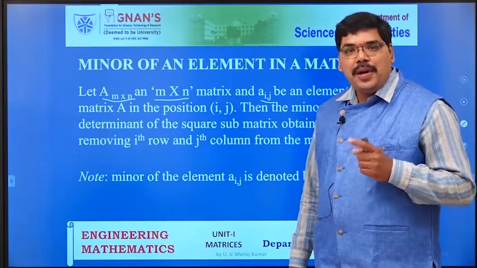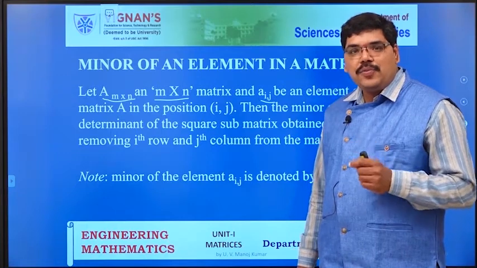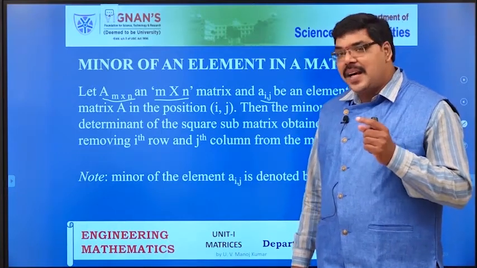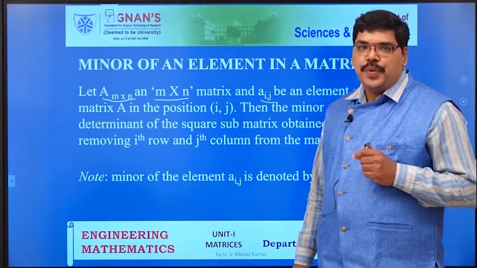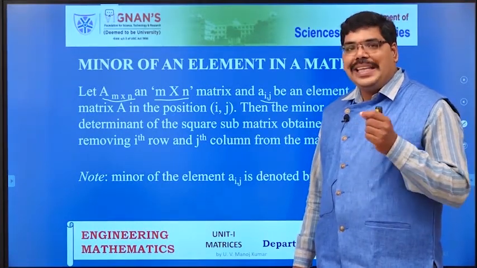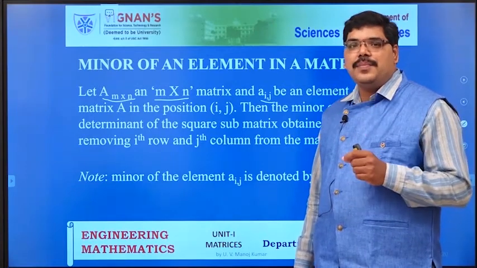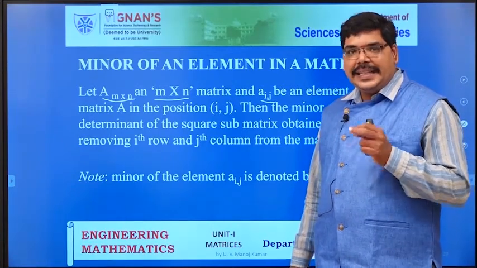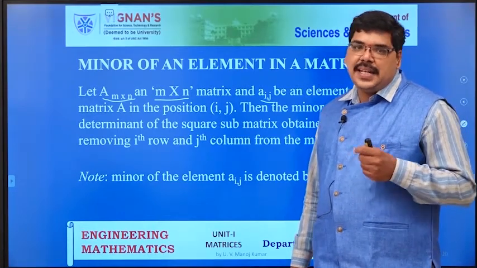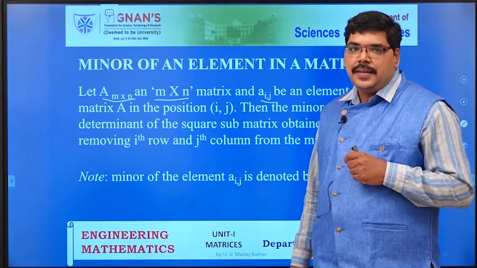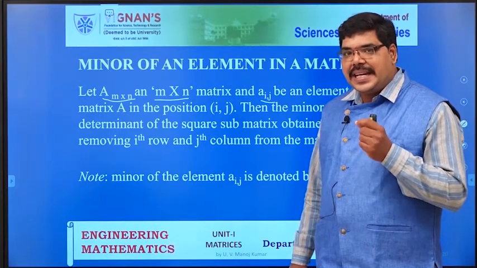Now I want to find the minor corresponding to Aij. So what do we have to do? We have to remove the ith row and jth column from the matrix. Then we will get a submatrix, and we have to find its determinant.